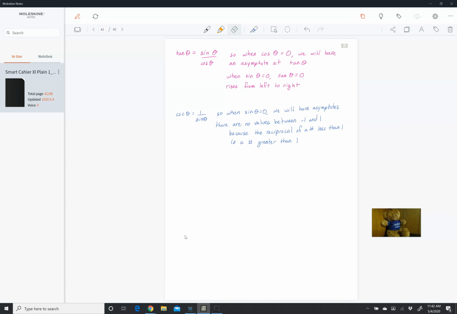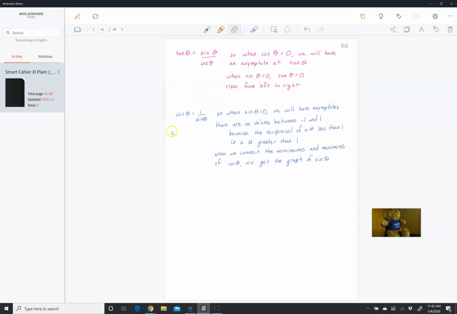And the last thing is when we connect the minimums and maximums of cosecant of theta, we get the graph of sine of theta. These are things that distinguish it from all other trig graphs, okay? From all the other graphs of trigonometric functions.